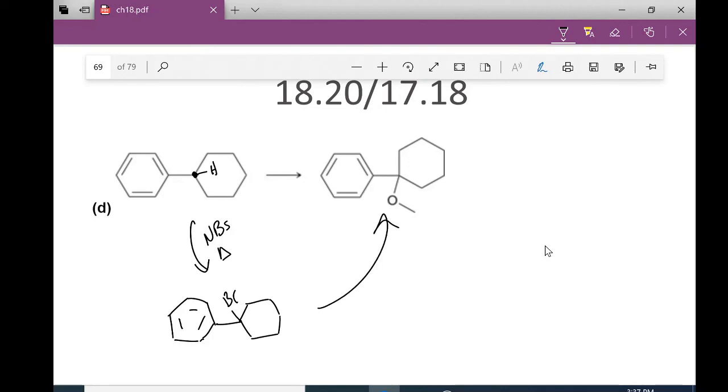And then to go from here to here, this is a CH3O. Okay, so we added a CH3O with an SN1 reaction. So we just need something like methanol, and we'll get an SN1 reaction. That bromine can be easily replaced. And the reason SN1 happens so readily at the benzylic position is because we have stabilization of that cation that forms through resonance. So you can go back and draw resonance structures for that, which stabilizes the carbocation that forms at that benzylic position.